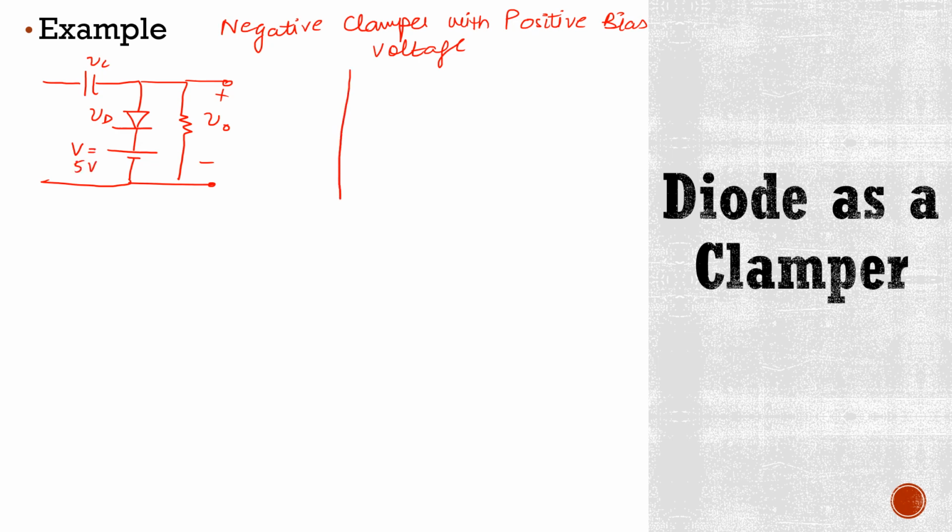Now if the same input square wave is applied here, where this is plus Vi, which is 10 volts, and this is negative Vi, which is minus 20 volts. So again, you will look at that part of input cycle which will forward bias this diode.